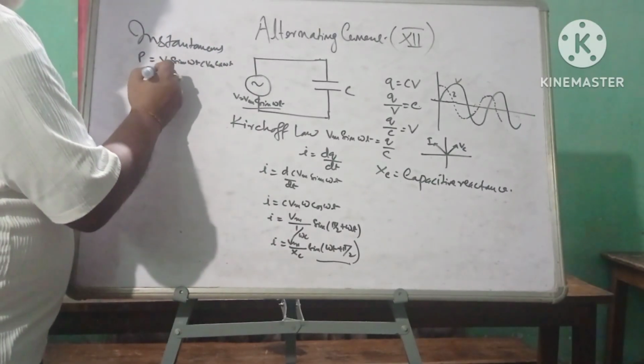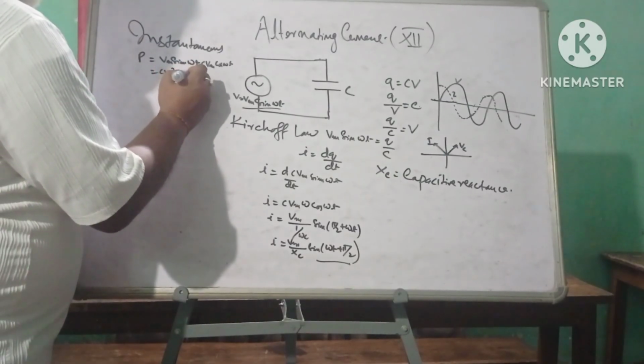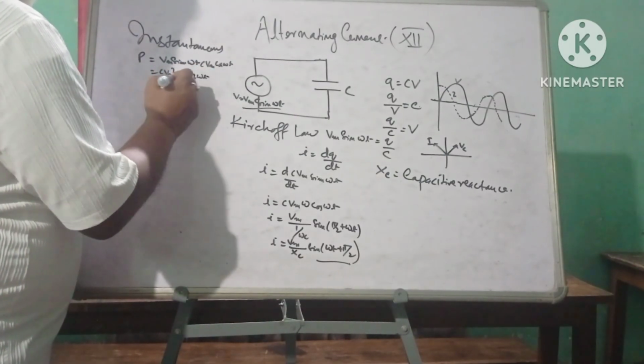So whatever it is, C Vm square sine 2 omega t by 2.